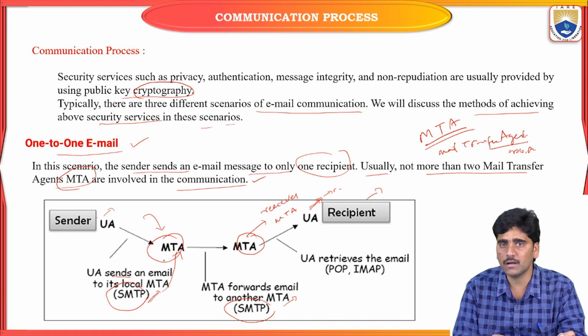Now from the sender MTA it is forwarded to the receiver MTA. Now the authenticated user on the receiver side retrieves the email with the help of POP and IMAP protocols. POP stands for Post Office Protocol, as well as IMAP stands for Internet Mail Authentication Protocol.